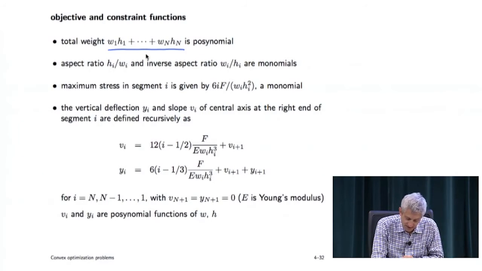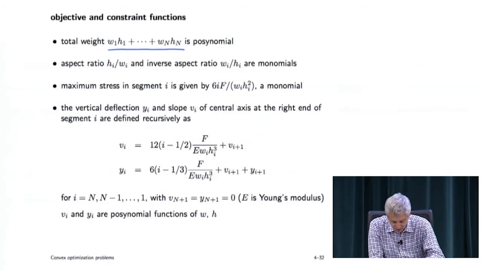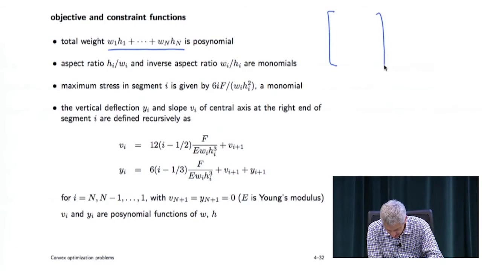I'll tell you what this thing is, though. It's quadratic. That is a quadratic function of w and h. But it is definitely not convex, because the matrix is not positive semi-definite. It's a term that looks like that.